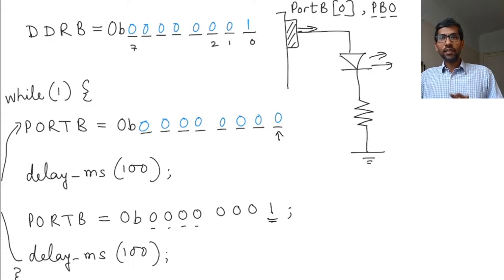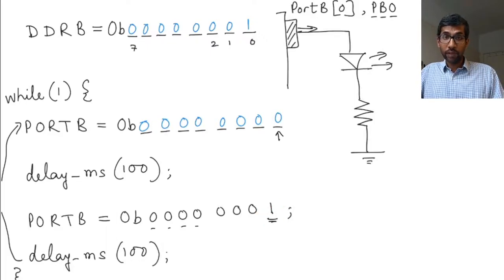So let me very quickly summarize what we have done here. In the first line of the code, we have set our PB0 as an output. This we have done by writing a 1 at this point. Then we outputted a 0 at PB0, and then we output a 1 at PB0.